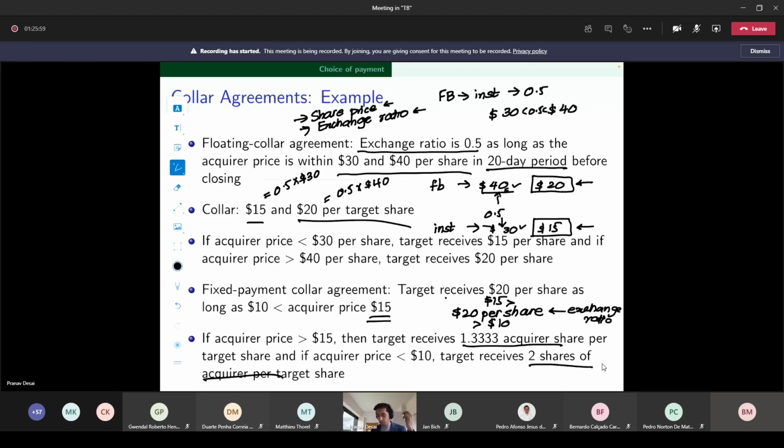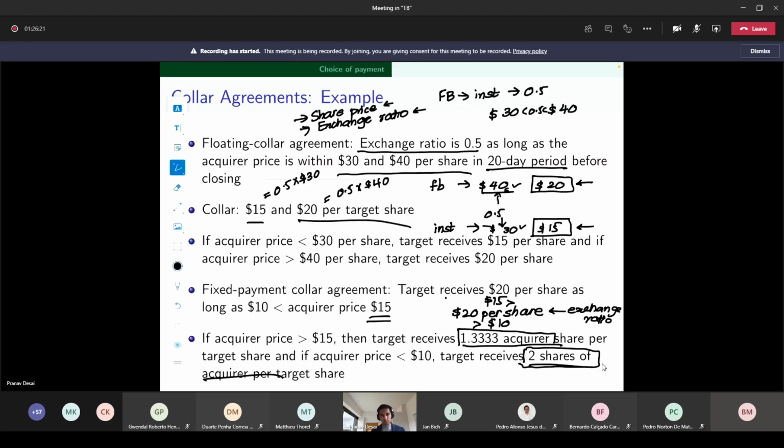So once again over here, the upper limit protects the acquirer because it never has to issue more than a certain amount. So the dilution of the base of ownership for Facebook is limited. And from the perspective of the target, it's protected because it never receives fewer than a certain number of shares.